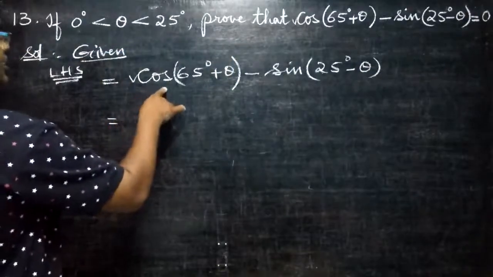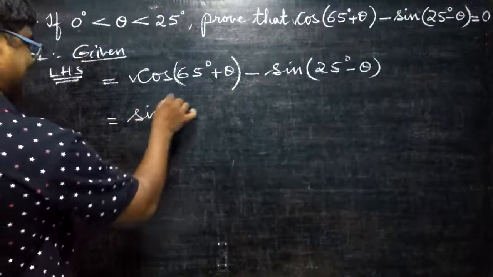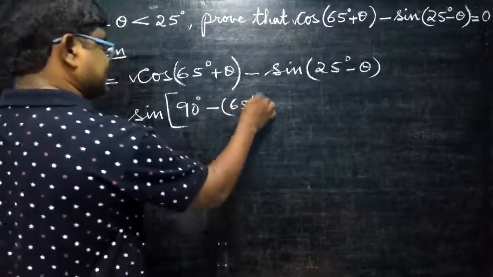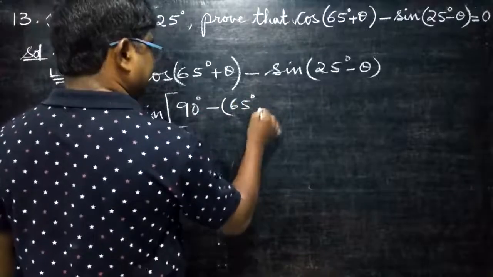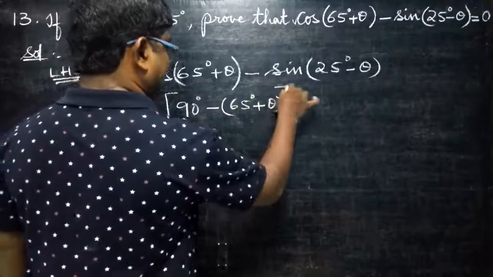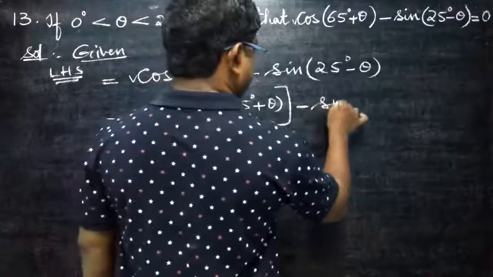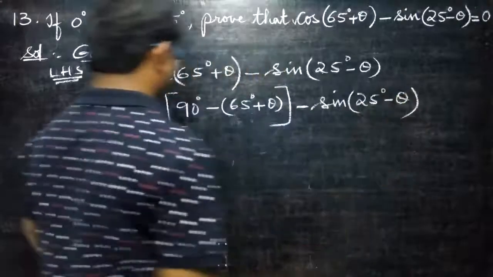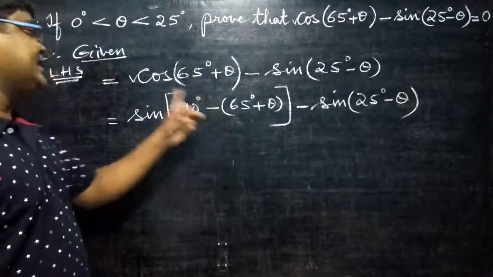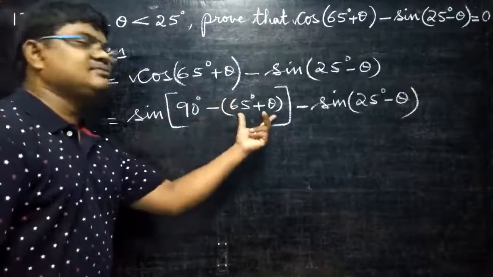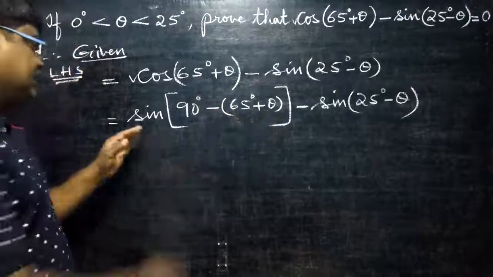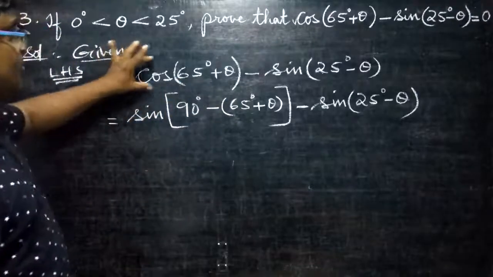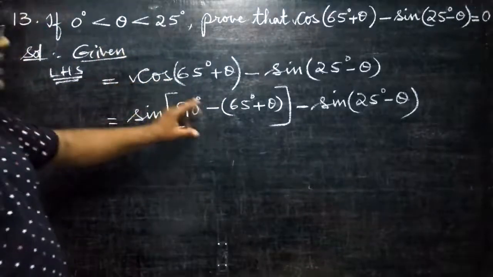Another form of this one is sin of 90 degrees minus of 65 degrees plus theta, minus sin of 25 degrees minus theta. Sin of 90 minus theta is cos theta. Once again I am repeating: sin of 90 minus theta is cos theta, otherwise cos theta is equal to sin of 90 minus theta.